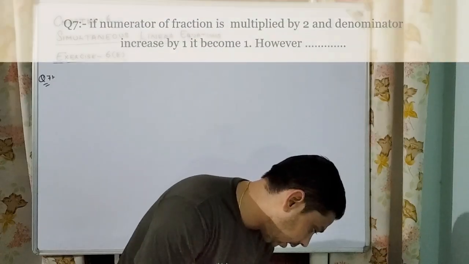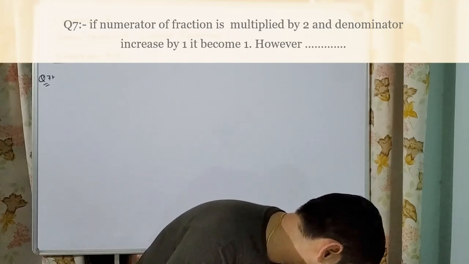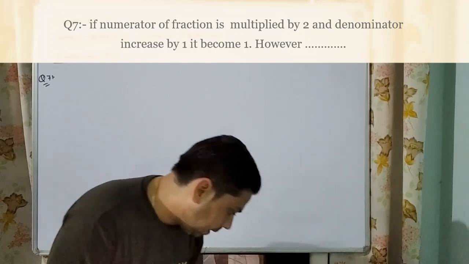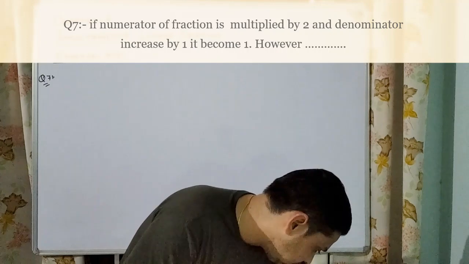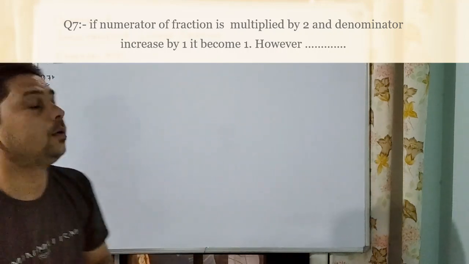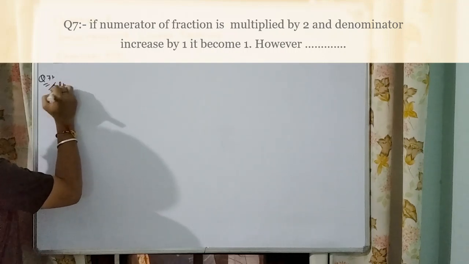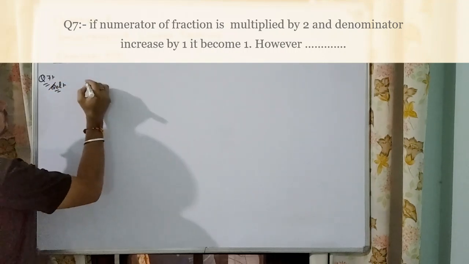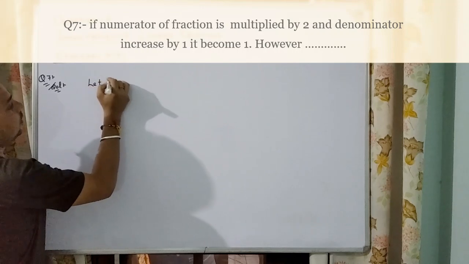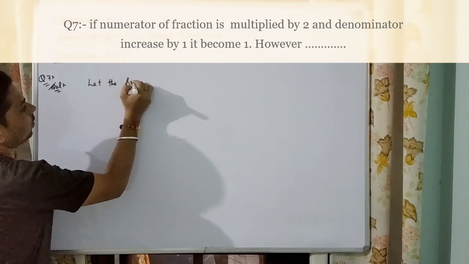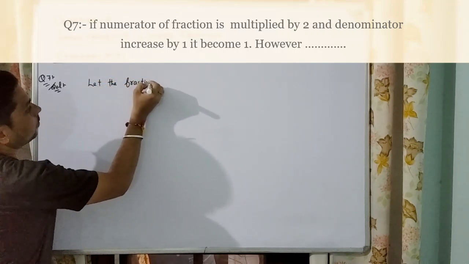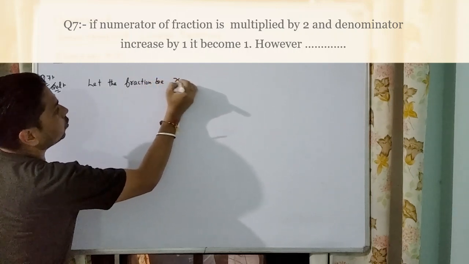Next, if numerator of a fraction is multiplied by 2 and denominator is increased by 1, then the fraction becomes 1. So again it is a question of your fraction here. So let the fraction be x over y.